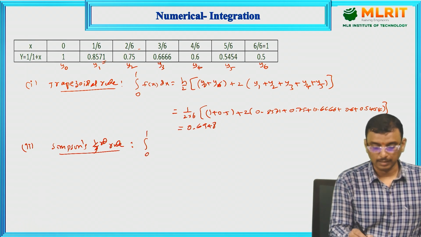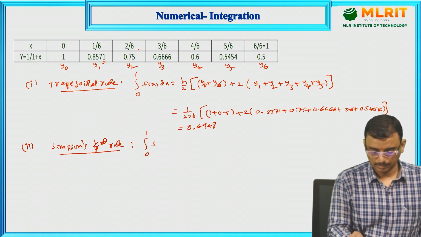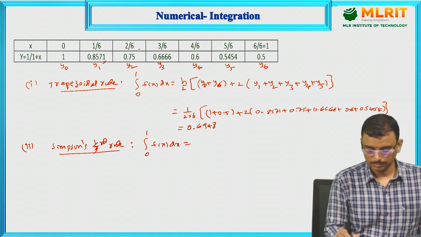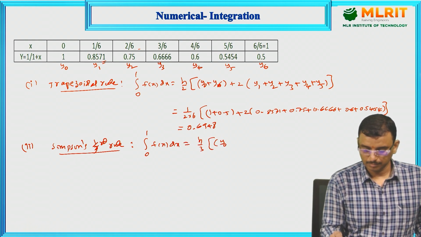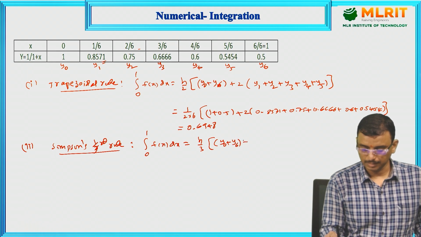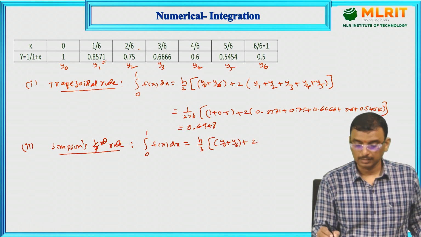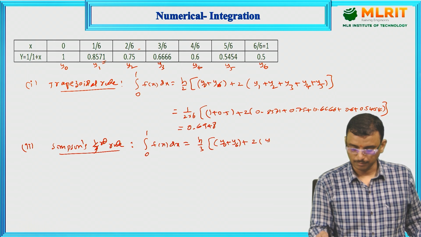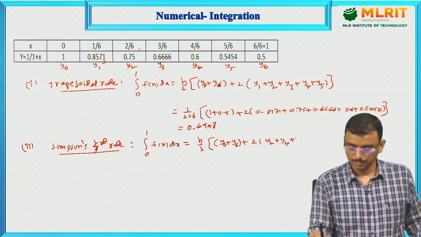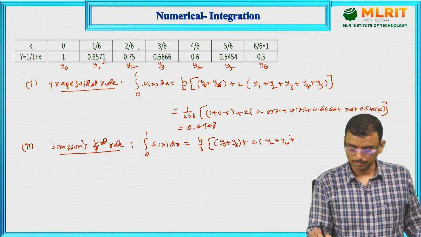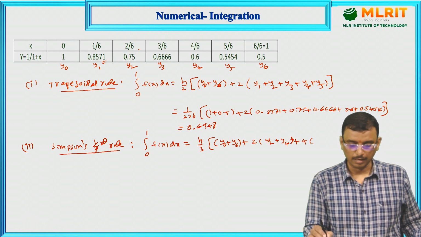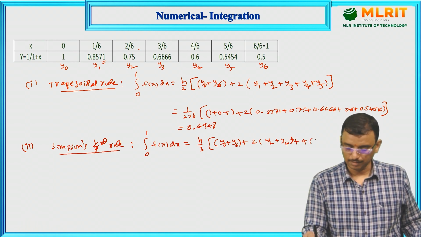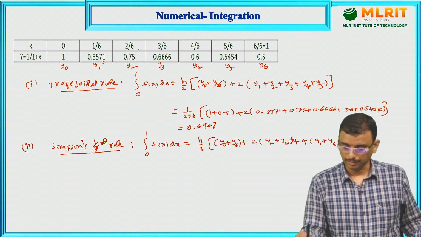Integral 0 to 1 f of x dx is equal to h by 3 into y0 plus y6, plus 2 into the sum of the even ordinates, y2 plus y4, since y6 is already written, plus 4 into the sum of the odd ordinates, that is y1 plus y3 plus y5.